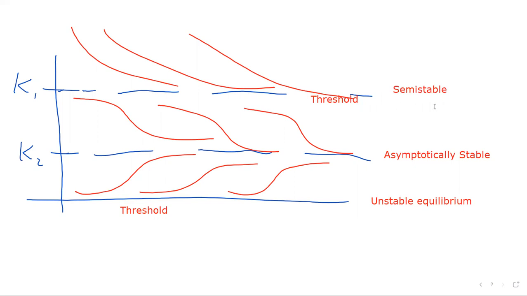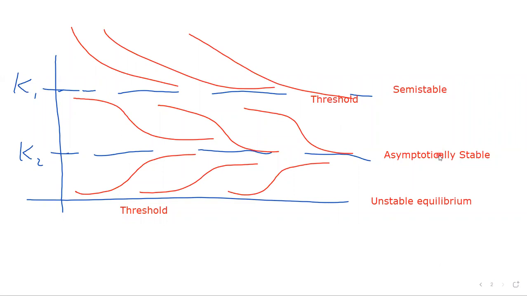So further emphasis on the asymptotically stable. If you have multiple things flowing to it, multiple starting points are going to go to that line, then it's going to be somewhat stable, either the semi-stable or asymptotically stable. If only one thing is going to go to it, that's when you're going to get your unstable solution.